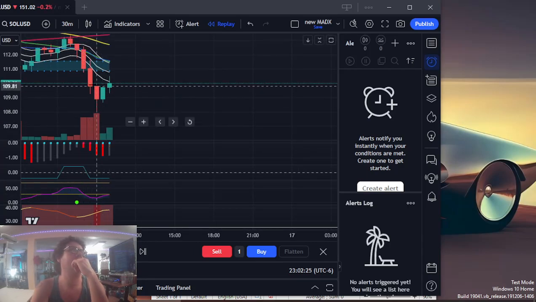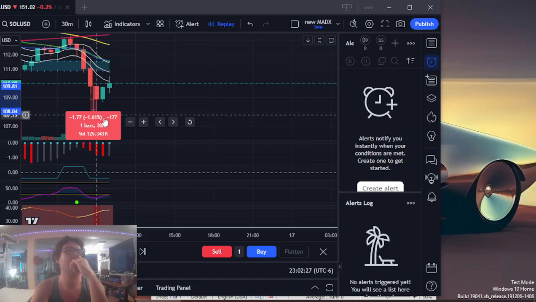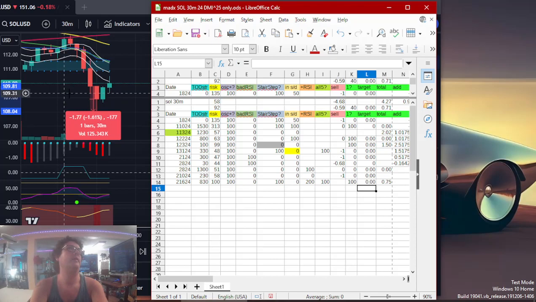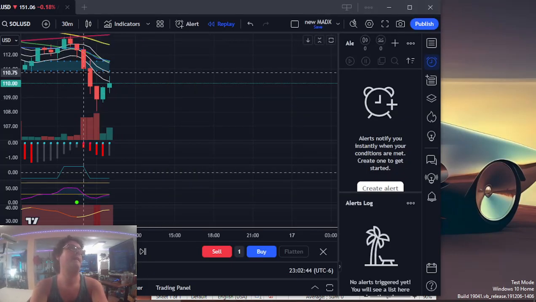Let's see how far that was. 161. So the stop loss would have been placed at the halfway point at the 1.5. So this is a 0.7 gain. Wait a second, we actually have to measure.